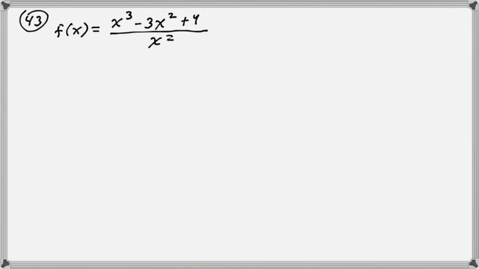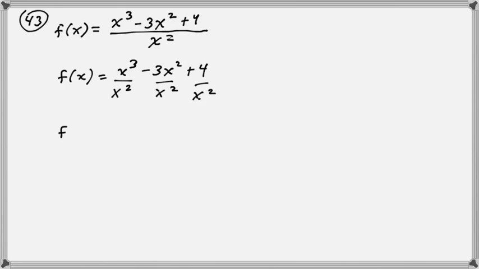Because we do not know the quotient rule, we need to simplify this first. Because they are all divided by x squared, I'm going to divide them all by x squared. What does this simplify to give me? x minus 3 plus 4x to the negative 2. Now I've rewritten it, but I have not taken its derivative.